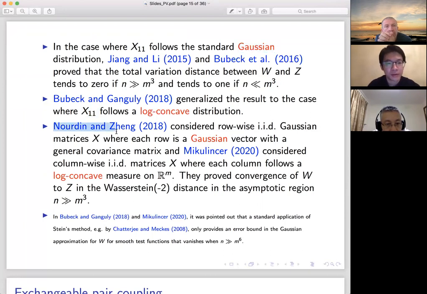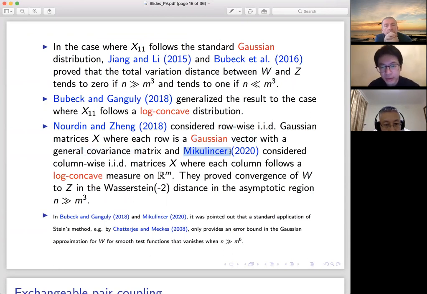Then Nourdin and Zheng relaxed the IID assumption of this matrix. They only assume the different rows of X are independent, but each row can follow a Gaussian distribution with a general covariance matrix.